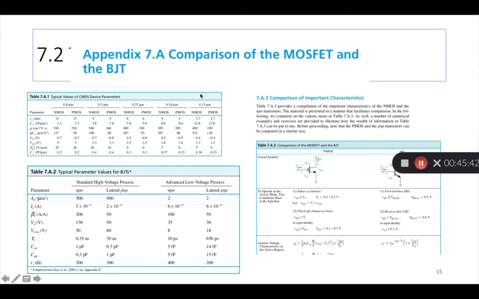So I suggest you spend a lot of time. I may not have too much time to spend on this, but if you're struggling to understand the basic theory and the logic of each of these separately, BJT versus FET technology, but also how they compare to each other, this appendix 7.A is your friend. So go ahead, spend time on that. It'll help you.